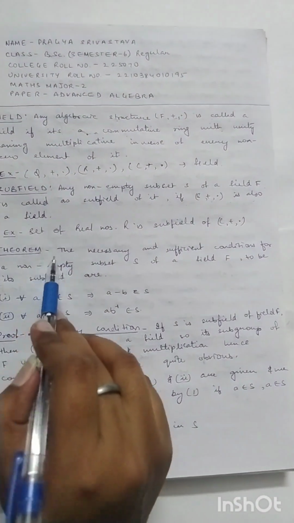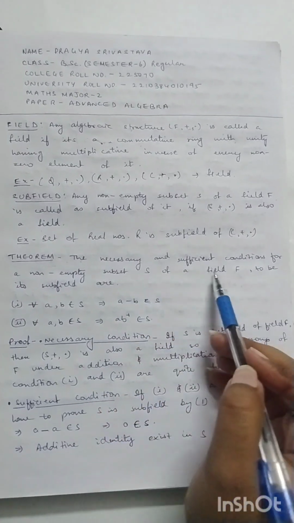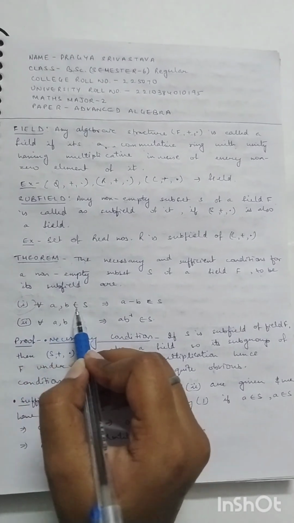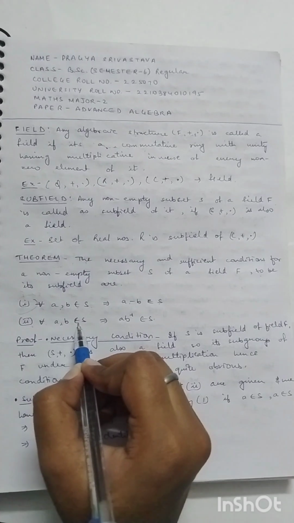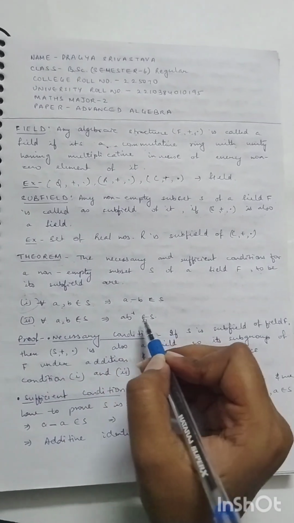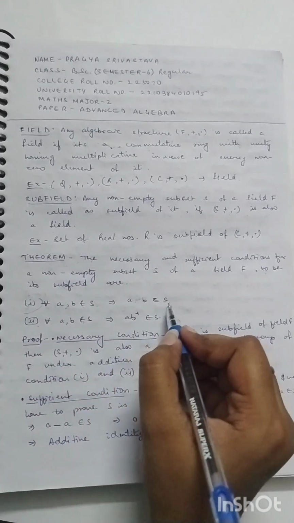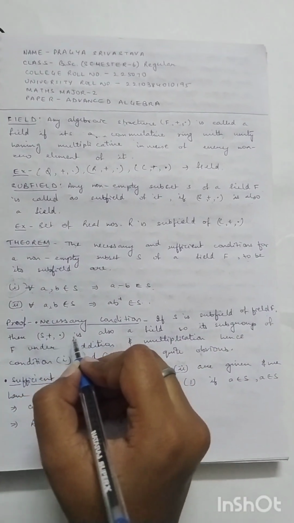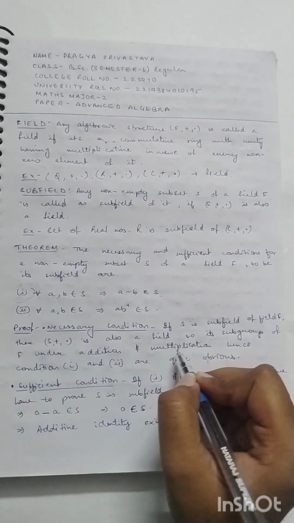Now a theorem. The necessary and sufficient conditions for a non-empty subset S of a field F to be its subfield are: first, for all a, b belongs to S, this gives a minus b belongs to S. Second, for all a, b belongs to S, this implies that a into b inverse belongs to S. Proof for the necessary condition: if S is a subfield of field F, then (S, +, ·) is also a field, so it is a subgroup of F under addition and multiplication.